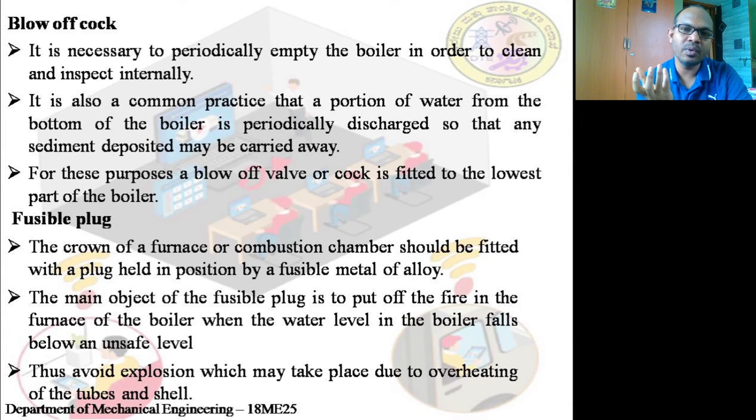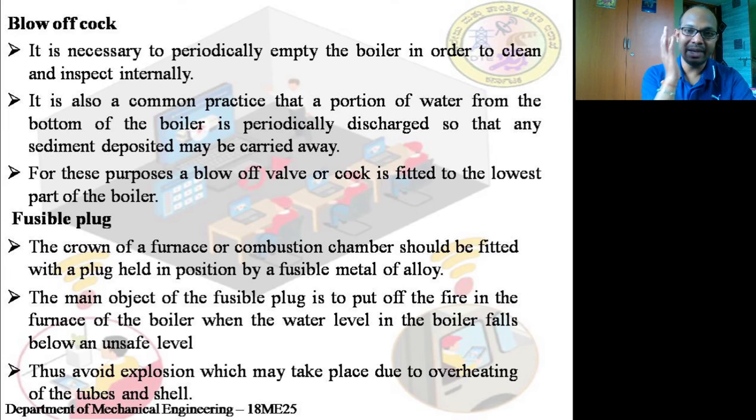And even if you are using salt water, there will always be dissolved salts or hardness. So it forms sediments, or it forms scaling also. Scaling is something we have to remove, and sediments are the dust, sand or dirt particles which settle at the bottom.